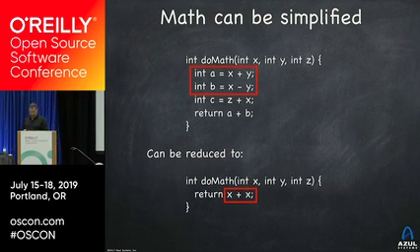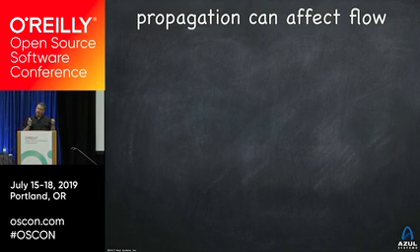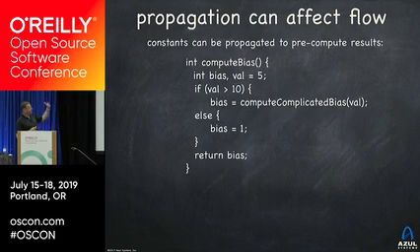Okay, so let's do a few more tricks that are beyond the simple ones. You can take values and propagate them across flow. And when you know what the values are, you can actually do things about the flow. So for example, here's a function or a method that has two cases for what to do about values. But we also know that the value is 5.